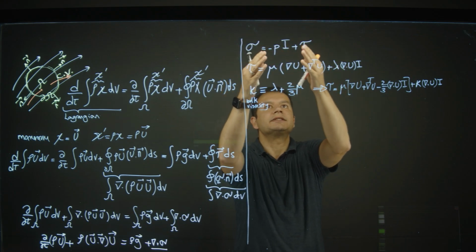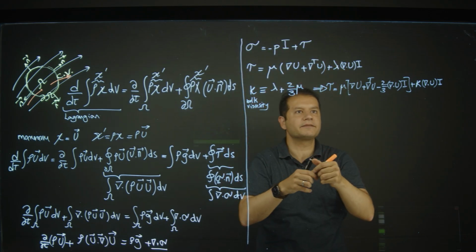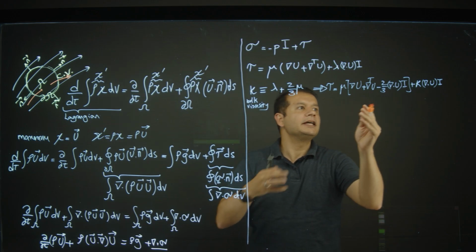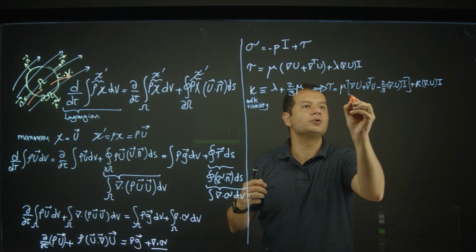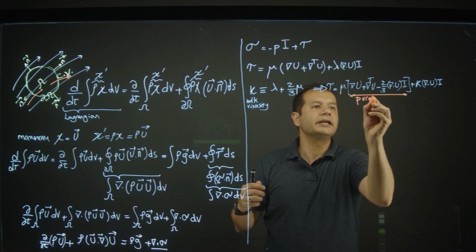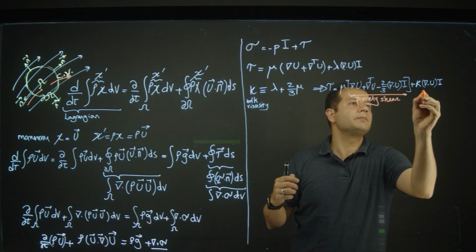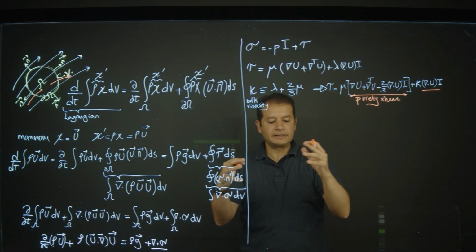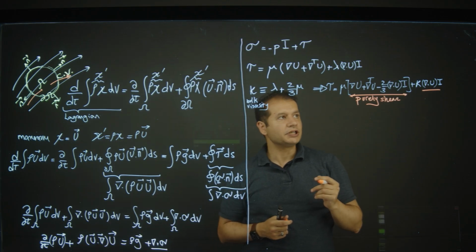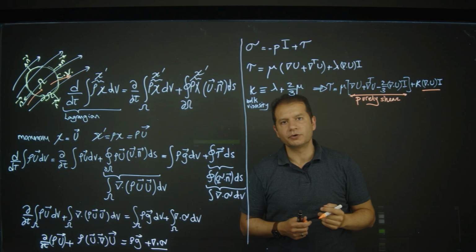This way of writing tau is the remainder, the effective one. If this is the total stress and this is the pore pressure part, this is the effective one left. Whatever stresses that pressure does not take care of will be decomposed into the first term, which is purely shear, and this is the bulk compressibility. So that will be the compressibility part, which the K bulk viscosity accounts for.